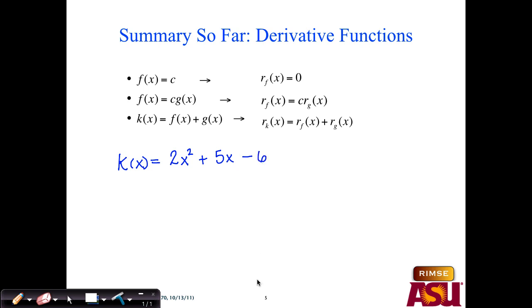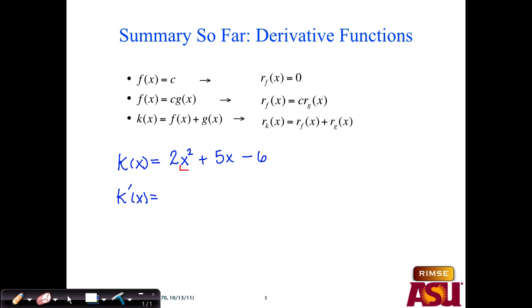Now, we haven't thoroughly talked about all of this stuff before. We're going to make a leap of thinking here. But if I wanted to know the derivative of function k, let me use this prime notation this time. This first term is like the square area function we dealt with.